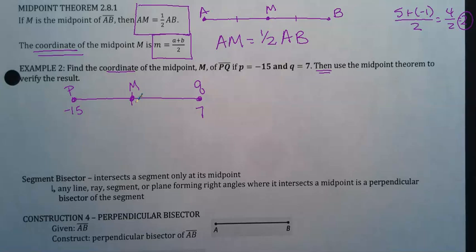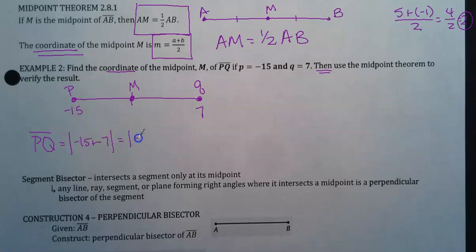There are a couple different ways you can do that. You can find the length of PQ, like we talked about earlier, using the absolute value. PQ is going to equal the absolute value of -15 minus 7, which is the same as -15 plus -7.